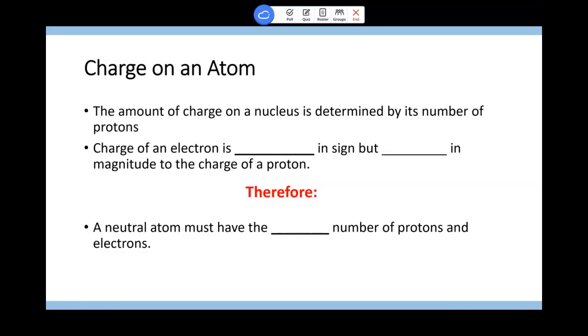The charge of an electron is opposite in sign, but equal in magnitude to the charge of a proton, so a neutral atom must have the same number of protons and electrons. It is possible for an atom to lose an electron, and then it has a charge, or to gain an electron, which would also result in a charge. We'll talk about ions probably starting on Friday.